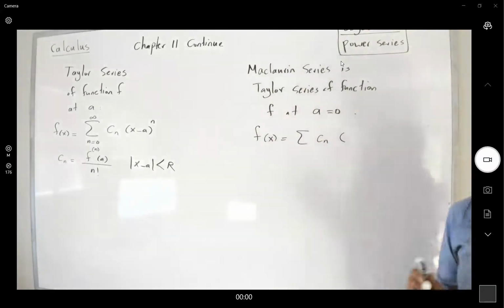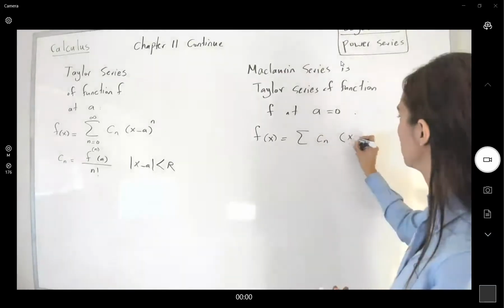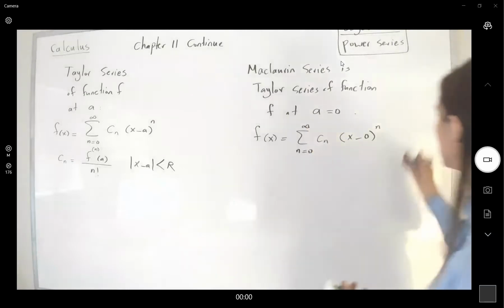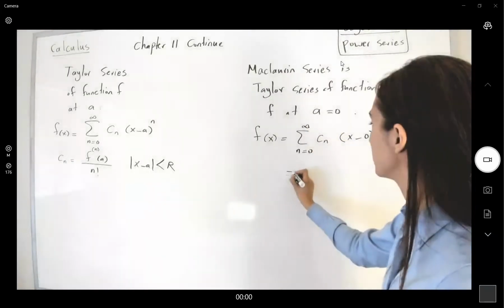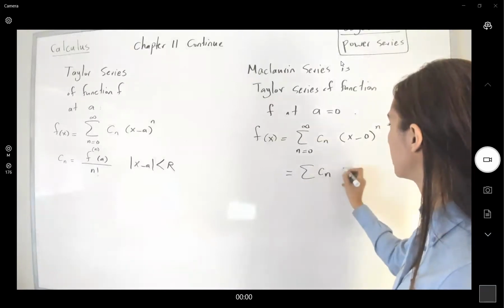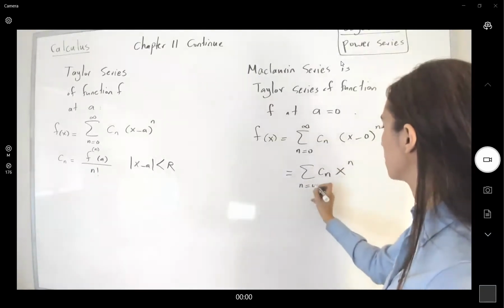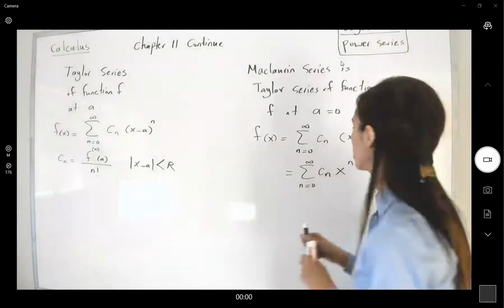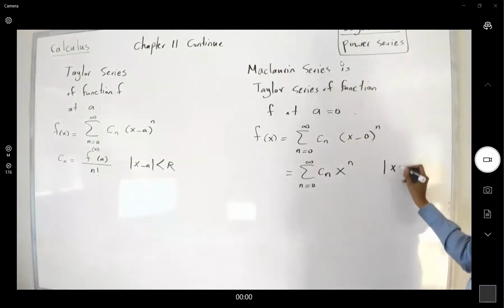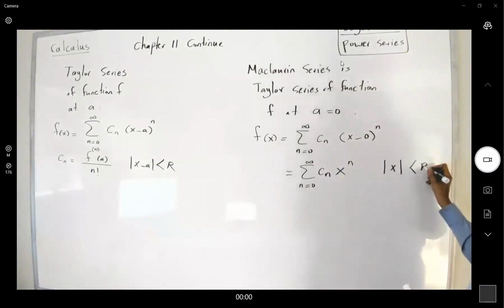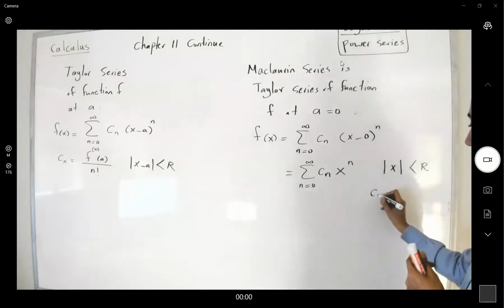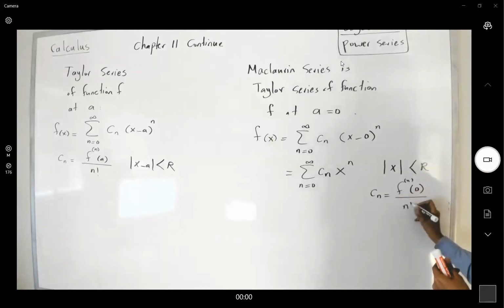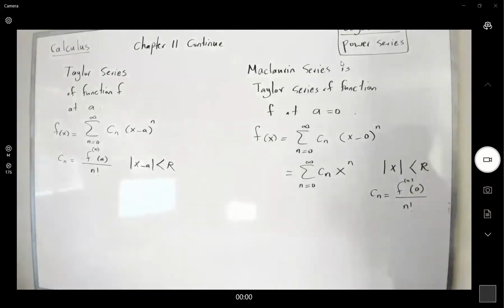Now you only have x minus 0 to power n, starting from 0 and going to infinity, or in simplified form, it is equal to the sum of c sub n x to the n, starting from 0 and going to infinity. With the same conditions, in this case, the absolute value of x minus 0 is less than r, and c sub n is equal to the nth derivative of f at 0 divided by n factorial.